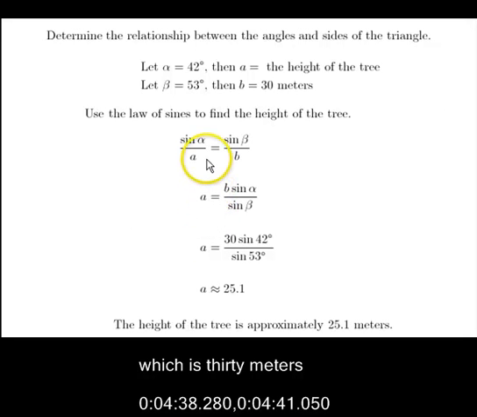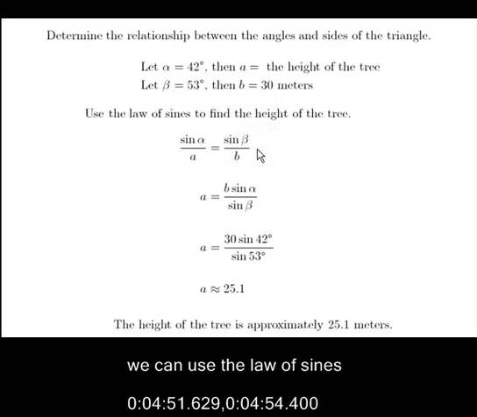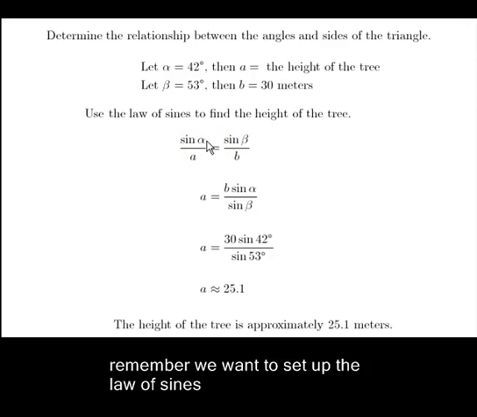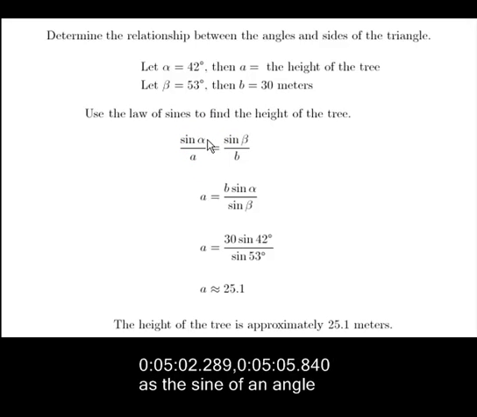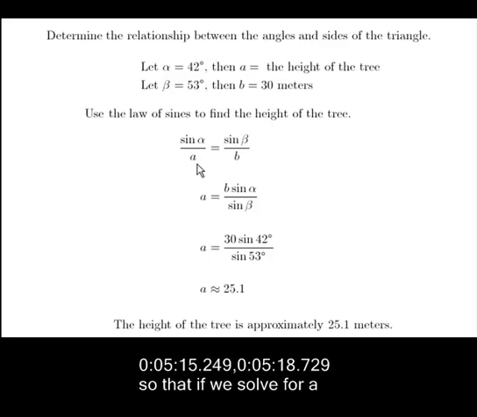So now that we have an angle and a side across from it, and another angle and the side across from it, we can use the law of sines to find the length of the side a. Remember, we want to set up the law of sines as the sine of an angle in the same ratio with the length of its opposite side.